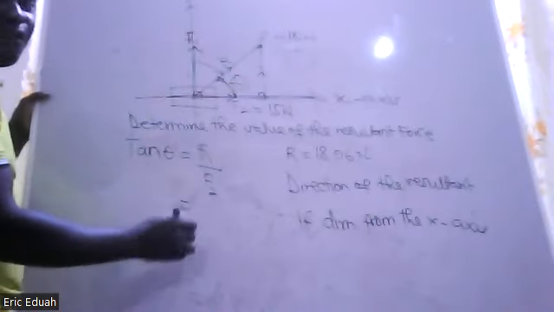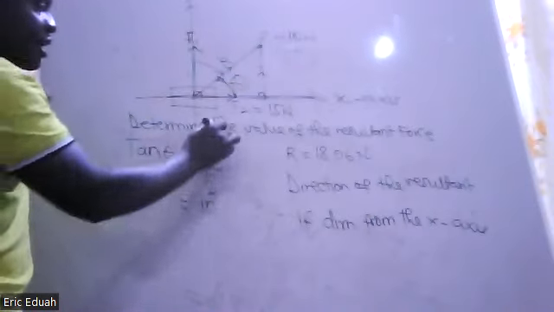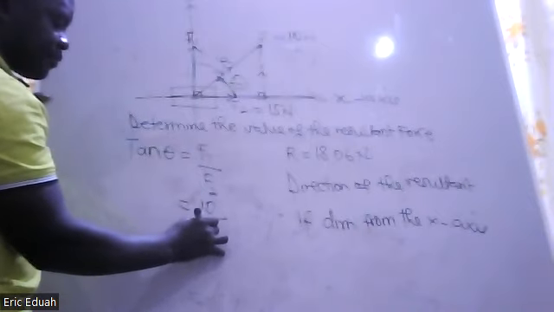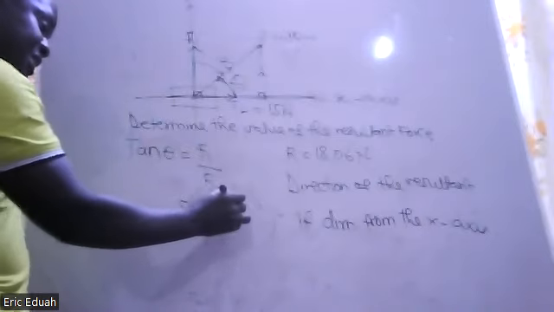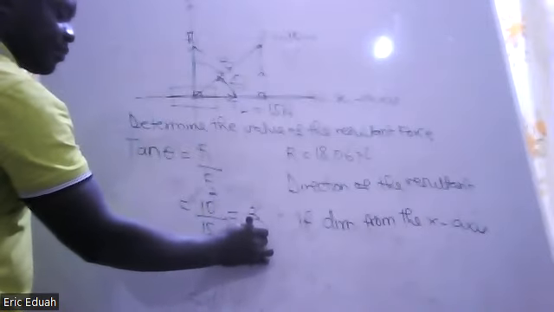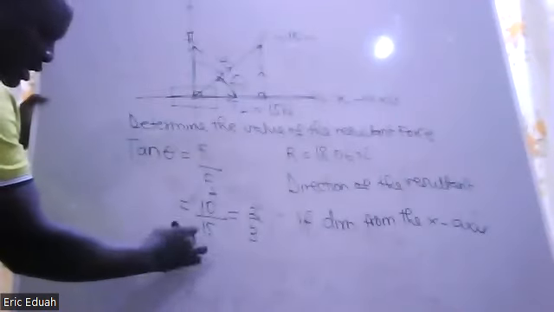F1 is 10, F2 is 15. 10 divided by 15 is 2 over 3.